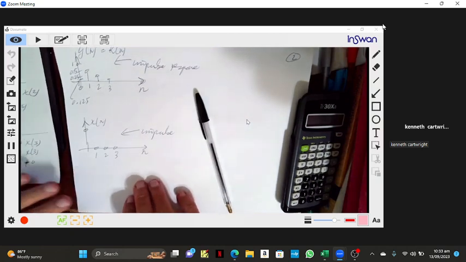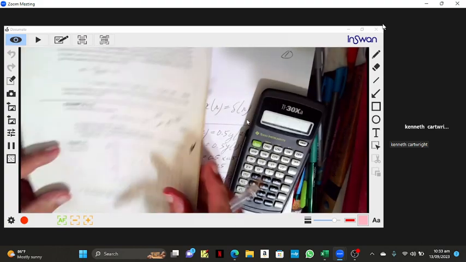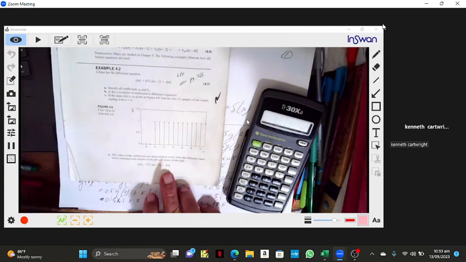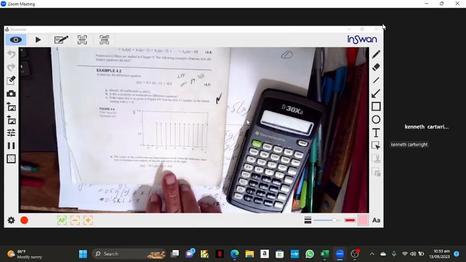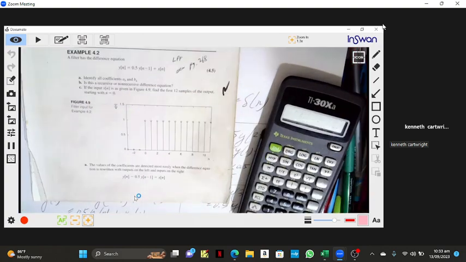In the previous question, what was our input? What was our input? I'm asking you, what function is that?